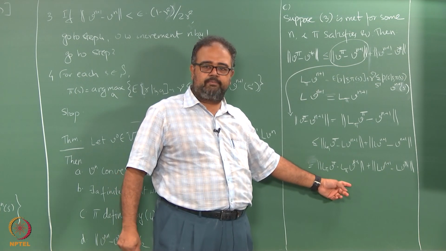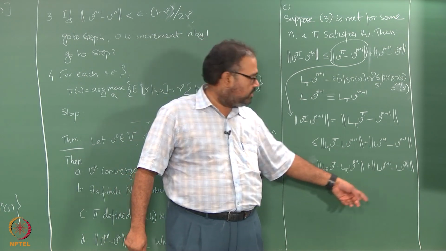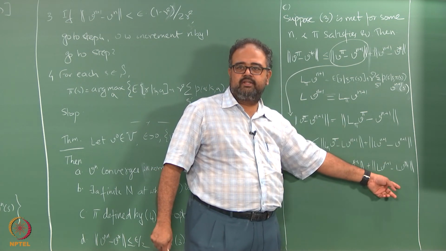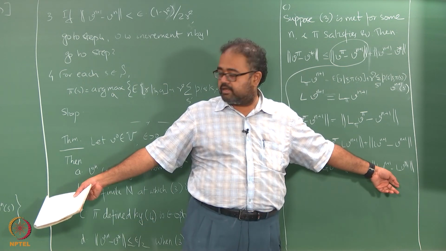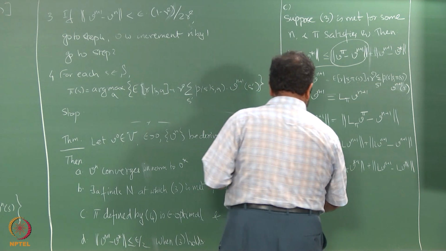So this is the reduction we talked about here. From L V I went to L pi L Vn plus 1, I went to L pi Vn plus 1, and from Vn plus 1 I went to L Vn, because that is how Vn plus 1 was generated, by applying L on Vn. Okay, so I have written that. Now I can simplify this.